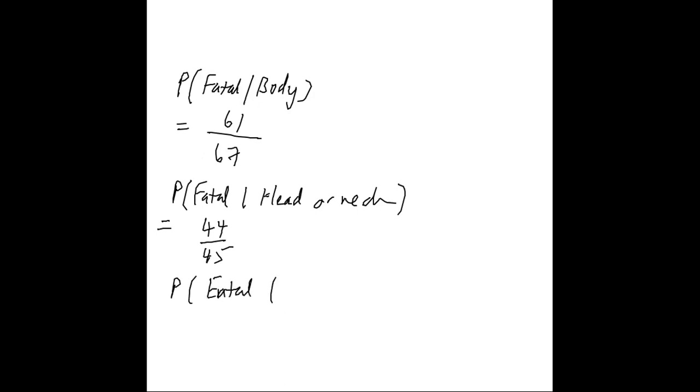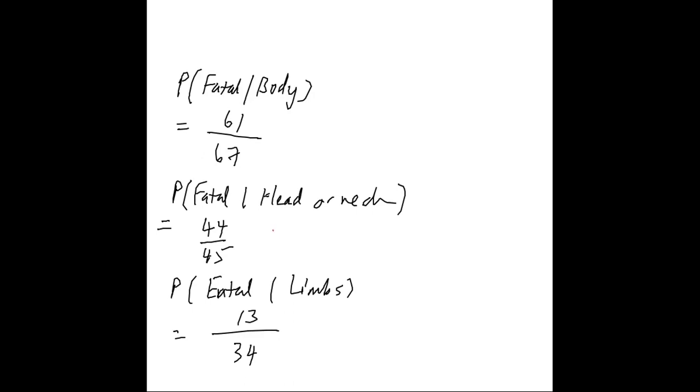Head or neck, those that are fatal are 44 out of 45. And finally, limbs, 13 out of 34. Very clearly, you can punch your calculator to find the values.